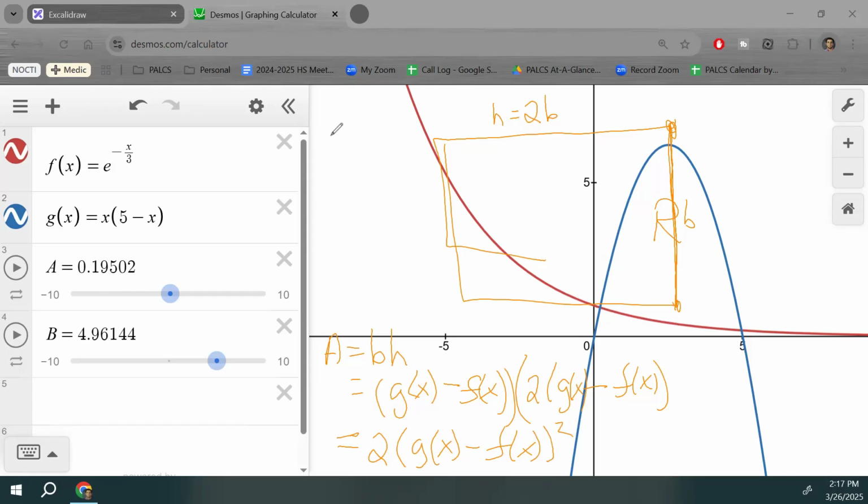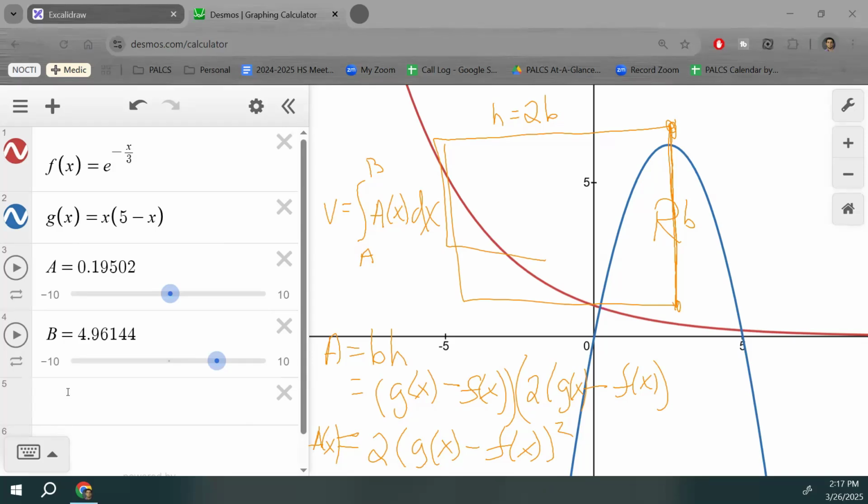So then to get the volume, we would do the integral from a to b of A of x dx. So we would call this A of x, and we would integrate the area formula.